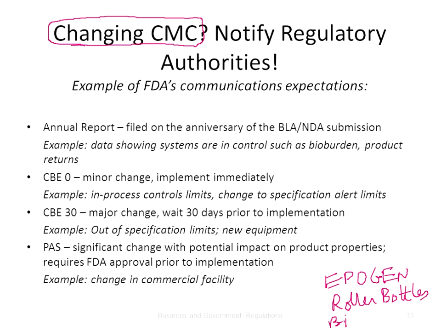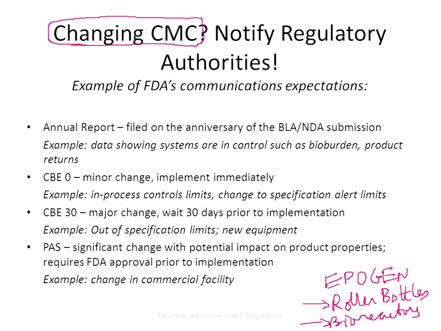And so that's a significant change, right? And so you need to make changes. So you had told the FDA that you are manufacturing Epogen in roller bottles, and now you want to change to bioreactors. So you better notify the authorities.